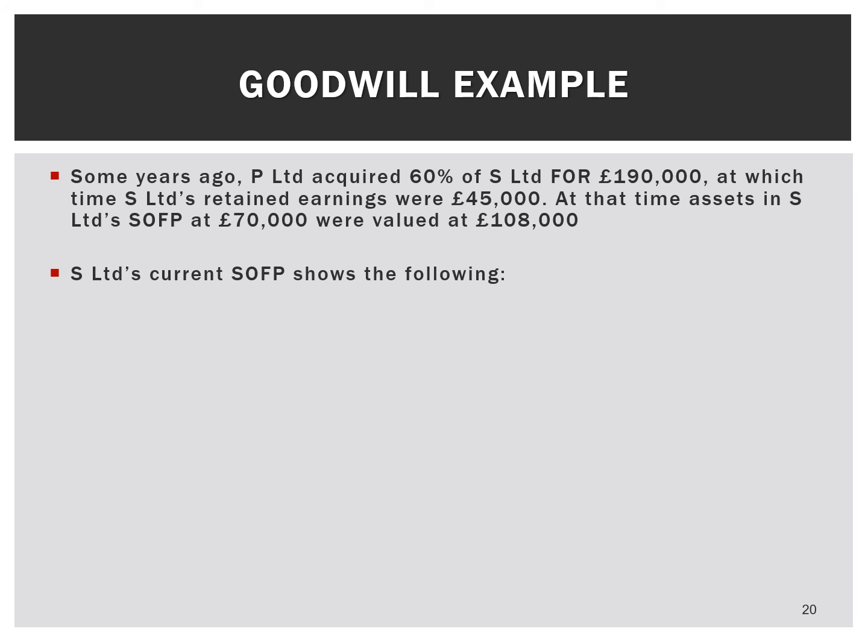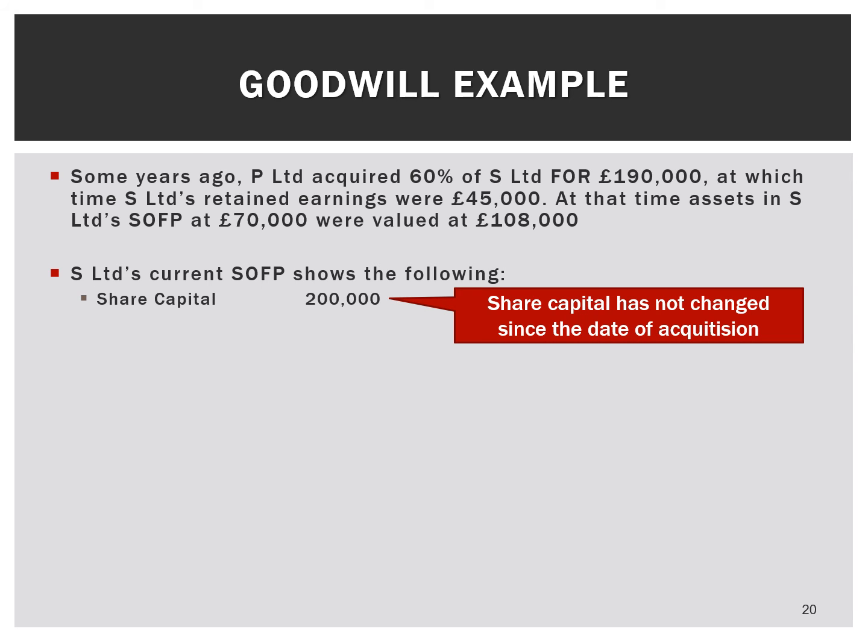And we're given the current statement of financial position for S Limited, which includes share capital of 200,000 and retained earnings of 85. And again, we're told that the share capital figure hasn't changed since the date the shares were acquired.